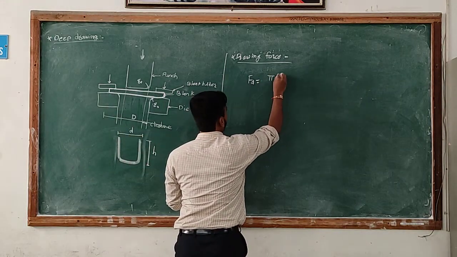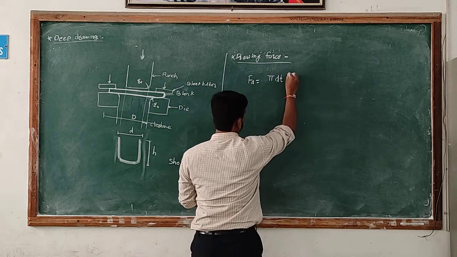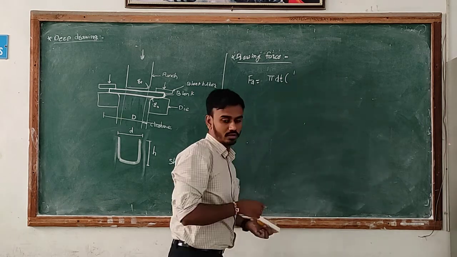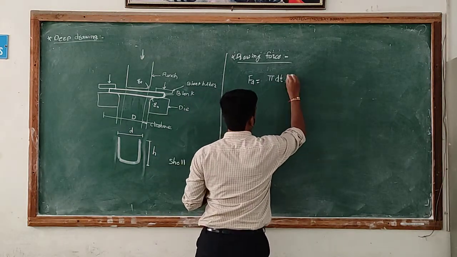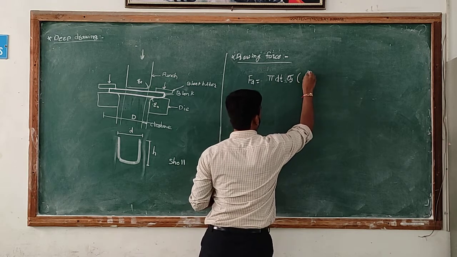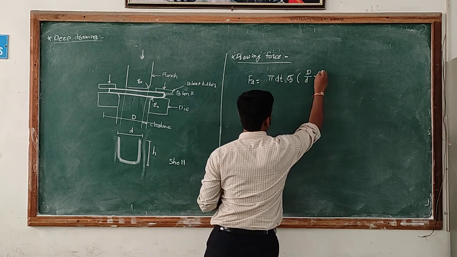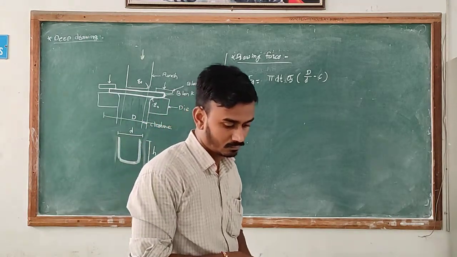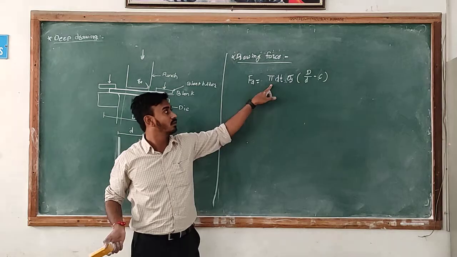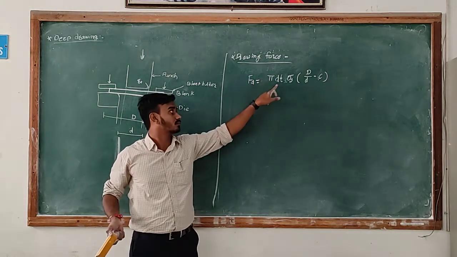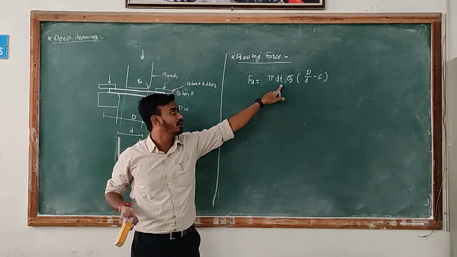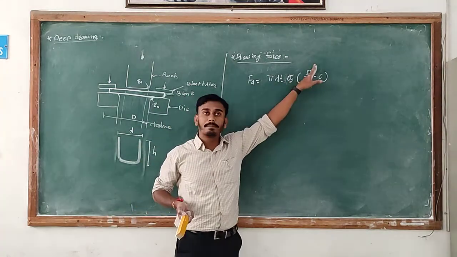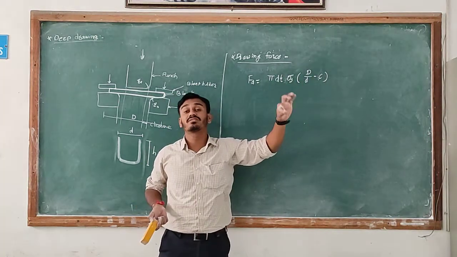And it has the formula F_D = pi d t into sigma_t into (capital D divided by small d minus C). Here d is the diameter of the shell, t is the thickness of the blank, sigma_t is the yield strength of the material, capital D is the diameter of the blank, small d is the diameter of the shell, and C is a constant.